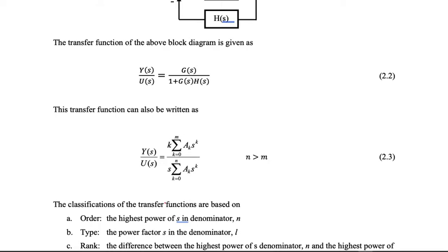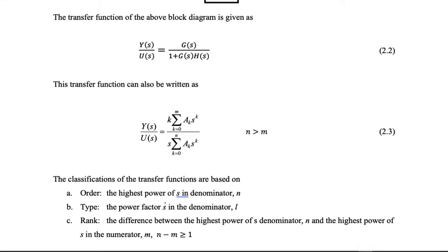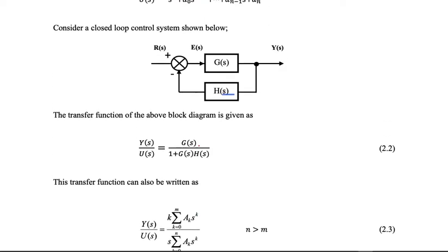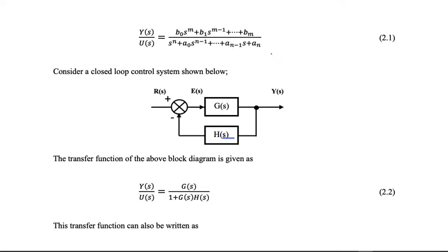and most of the time when we are dealing with a transfer function, we classify the transfer function based on its order, type, and also rank. The order is about the highest power factor in the denominator part of the transfer function, which is basically located on this part.